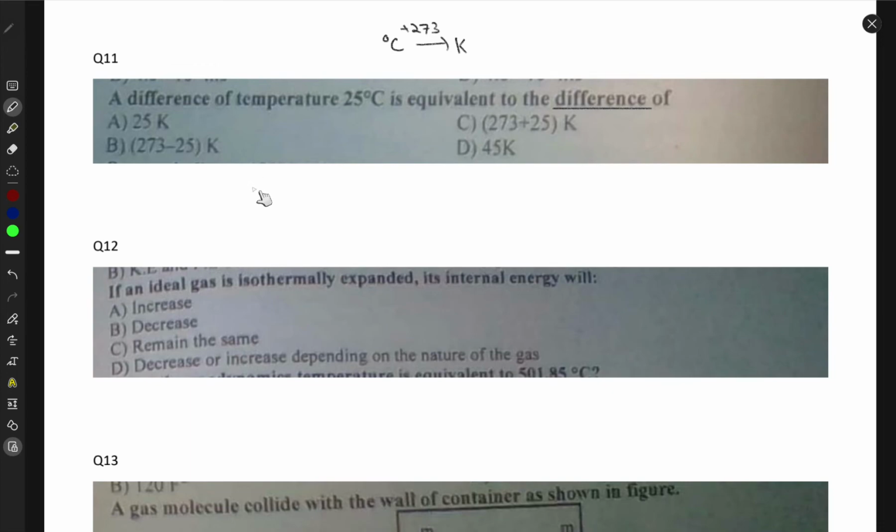We know that the difference in temperature in centigrade is equal to the difference in temperature in kelvins. So if a difference of 25 degrees centigrade is given, then the difference in kelvins is going to be the same, which means that 25 degrees, which is a difference, let me just write this delta on top of it, is the same as 25 kelvins, as long as these are differences of temperature. So that's option A.